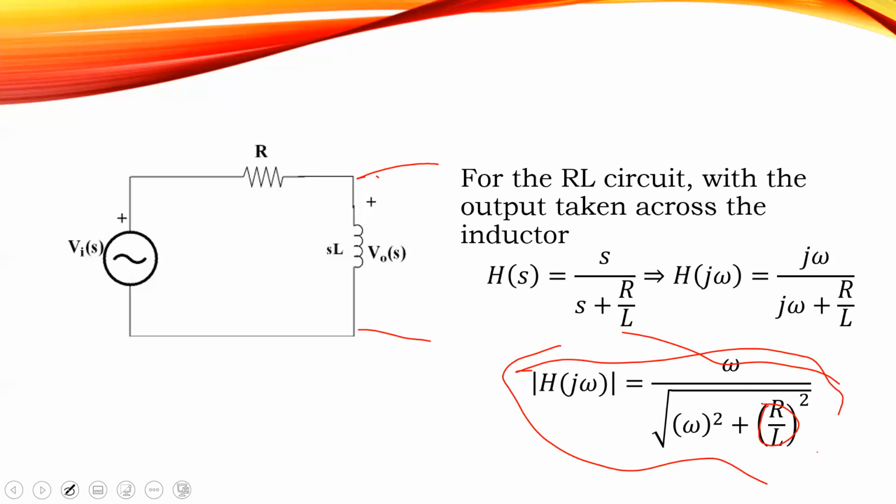Meaning 90 minus tan inverse of omega L over R. We use a similar analysis as we did with the low pass filter in finding the cutoff frequency, meaning using the half power point principle.